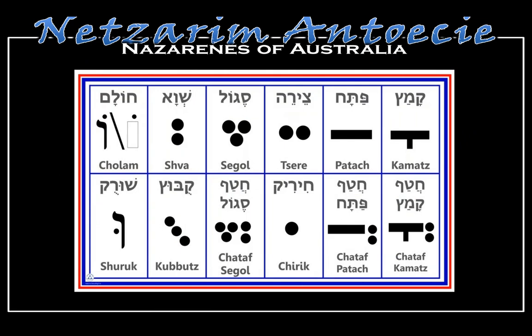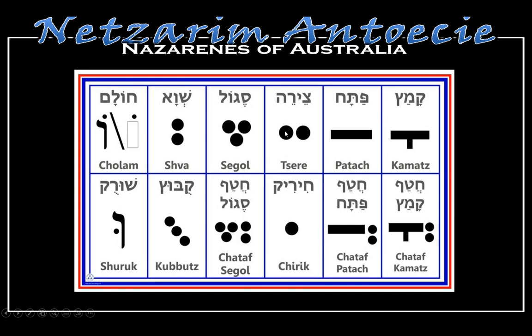And finally we come to the vowel markings again, and I want us to refresh the names of the vowels. This is called a cholam, so it's an O sound. This is called a shiva, which breaks up the word into syllables. This is a segol, which has the E sound.